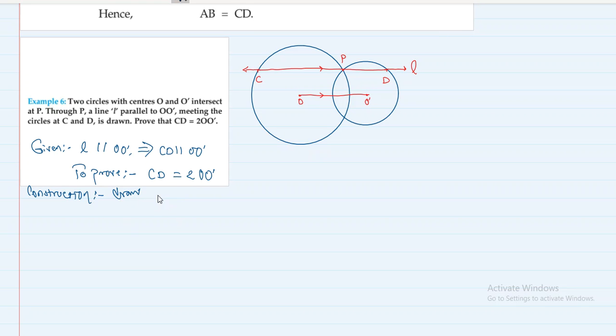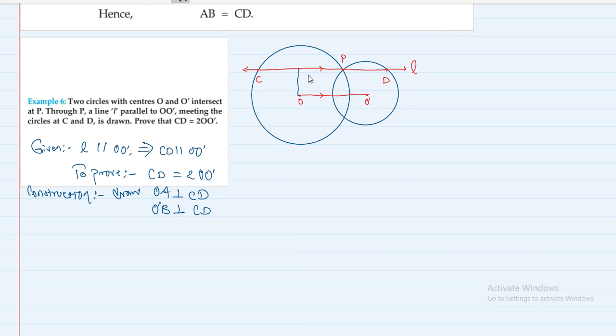And construction: draw OA perpendicular to CP and O dash B perpendicular to CD. Actually, we should write CD because it's a straight line. So I will draw a perpendicular over here.